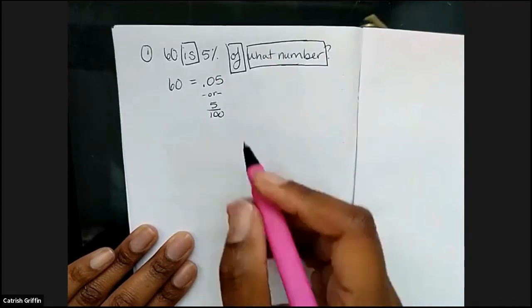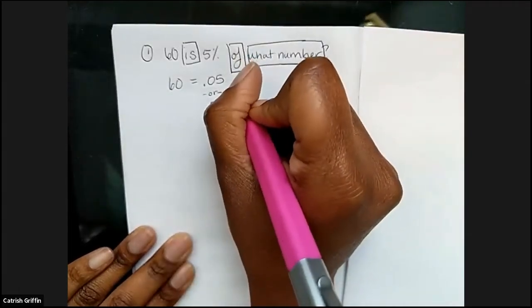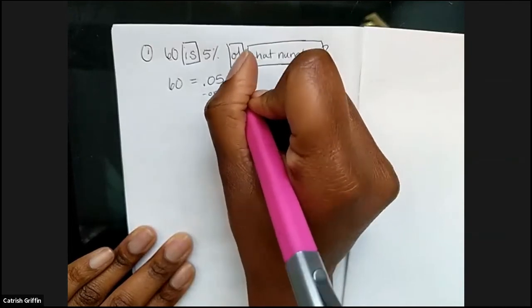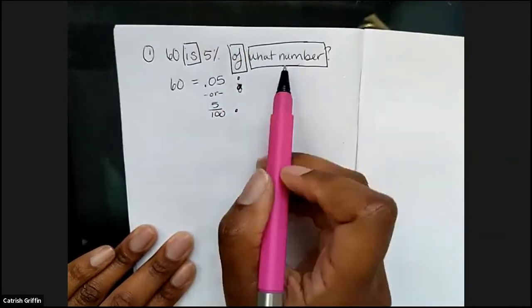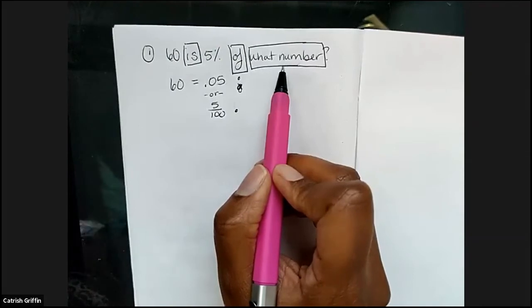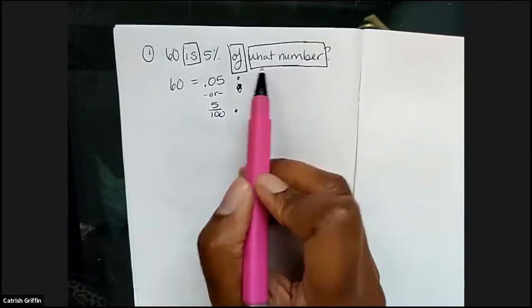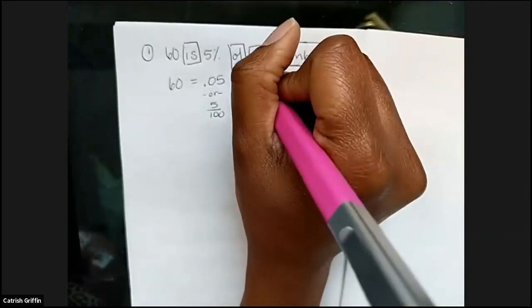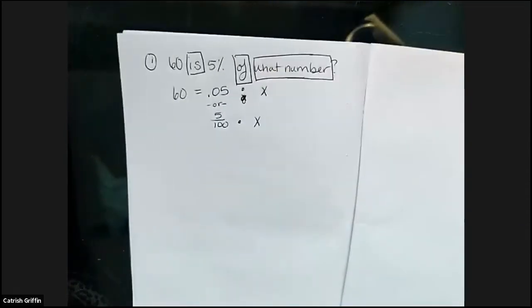"Of what number?" "Of" usually means that I should multiply. Actually, I should put a dot. And the reason why I should put a dot is because "what number," I don't know what that is. Since I don't know what that is, and I'm multiplying, I need to put a variable. I can put an X, I can put an A, I can put a C for Catrice, or a G for Griffin.